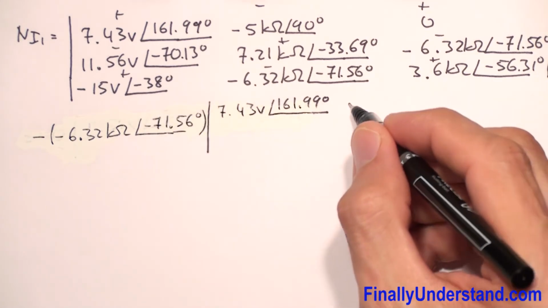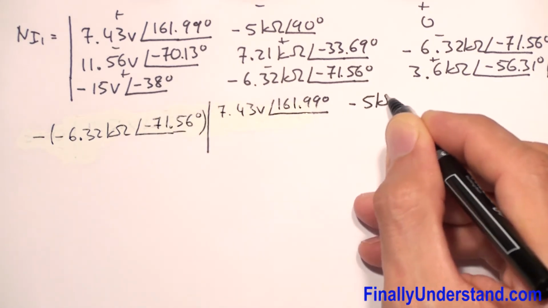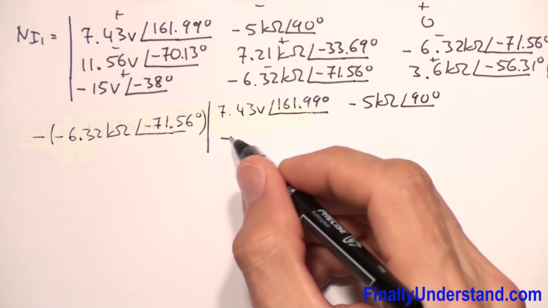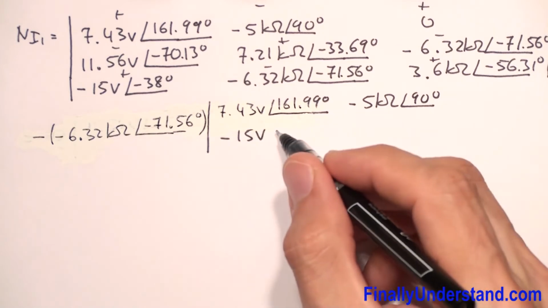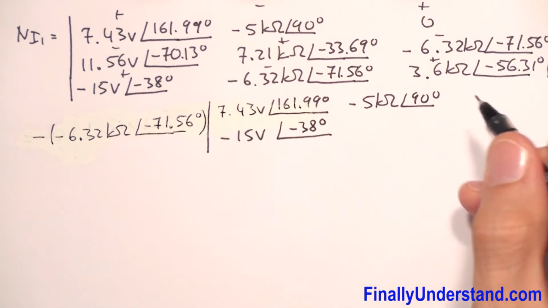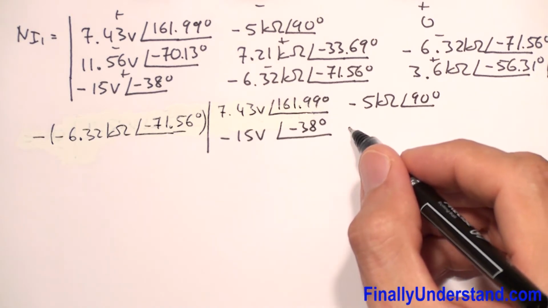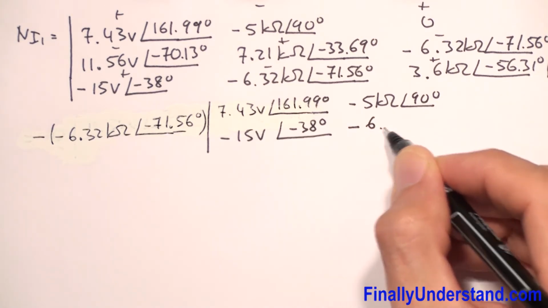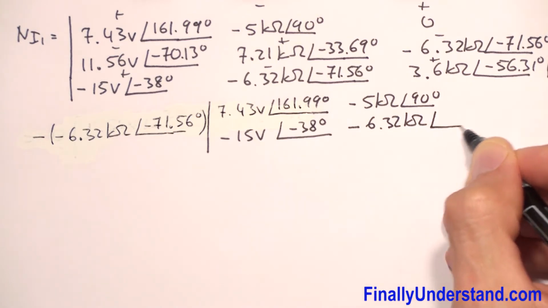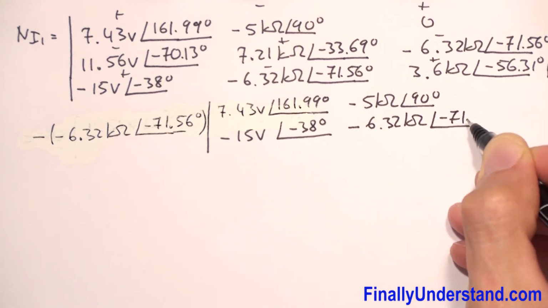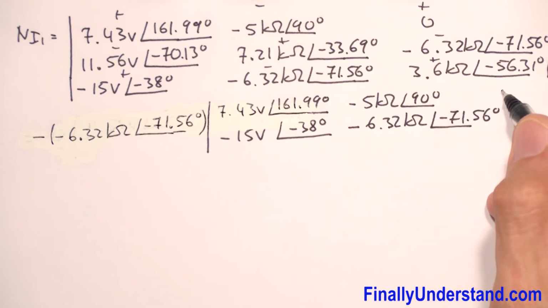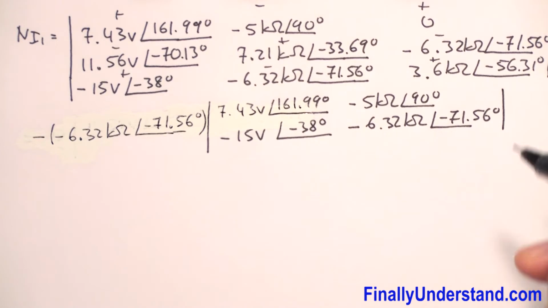So I have negative 5 kilo ohms and angle of 90 degrees, and this one is negative 15 volts and angle of negative 38 degrees, and I have minus 6.32 kilo ohms and angle of negative 71.56 degrees.